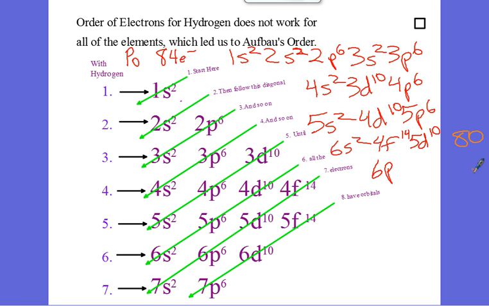Only 4. How many spaces are there in the 6p? 6. But I only have 4 more. I have space for 6 electrons, but I only need to use 4 of the spaces. So 2 of the spaces aren't being used.